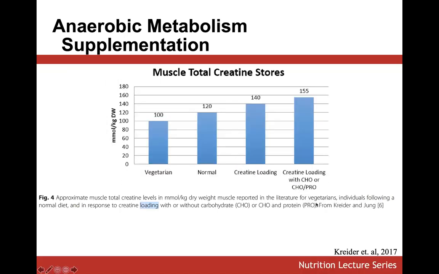So this is just a little bit of a chart that I want to bring up. This was one of the articles I used for this lecture. This was produced by Kreider et al., a group of authors who wrote the stance on creatine supplementation for the International Society of Sports Nutrition.